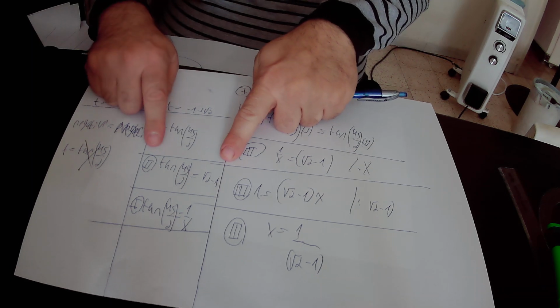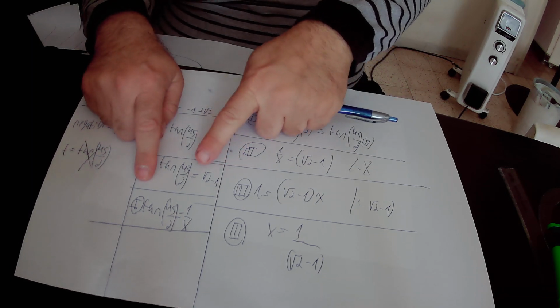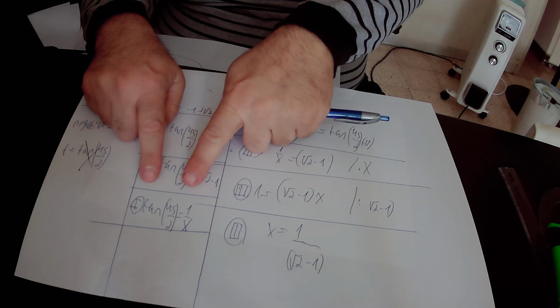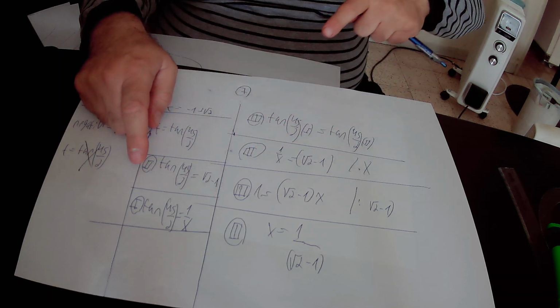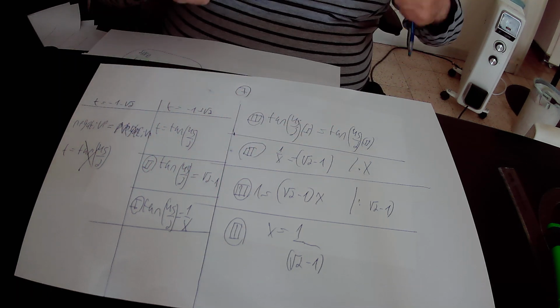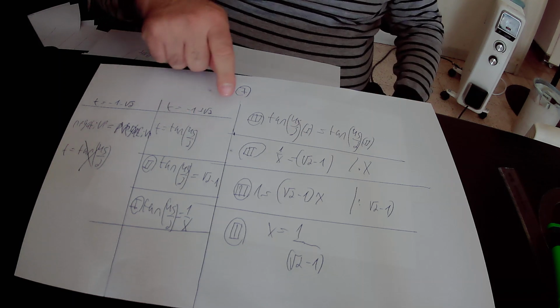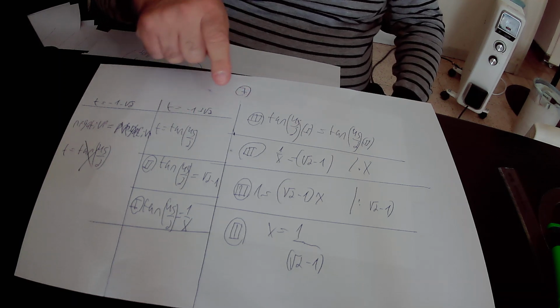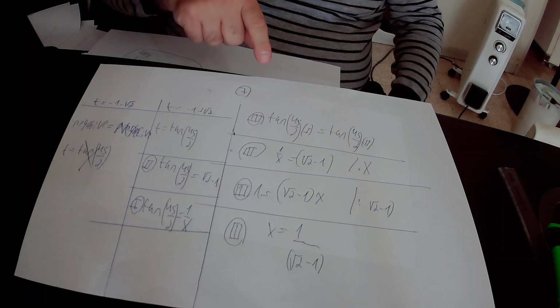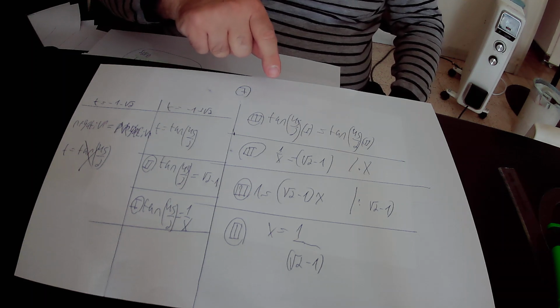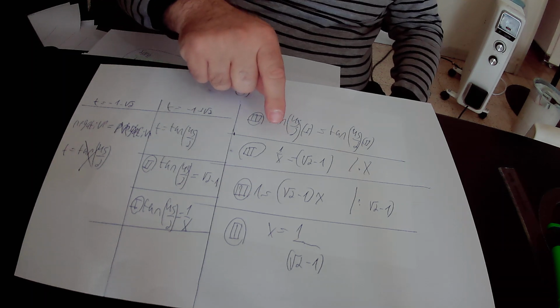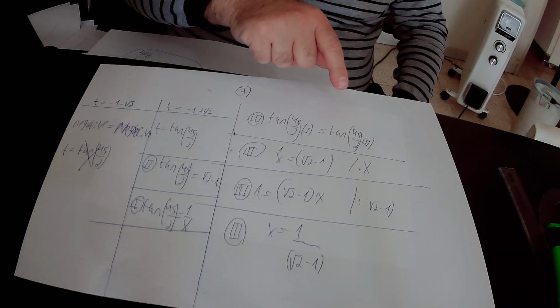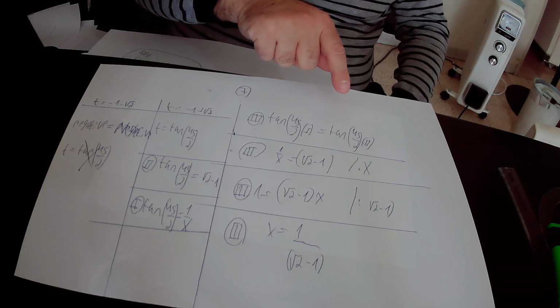This is according to equation number 2, while according to equation number 1, we have already found out that tangent of 45 over 2 degrees is 1 over x. Then we created equation number 3 that states that tangent of 45 over 2 degrees according to equation number 1 must be equal to tangent of 45 over 2 degrees according to equation number 2. According to equation number 1 it is 1 over x. It must be equal to tangent of 45 over 2 degrees according to equation number 2, that is the square root of 2 minus 1.